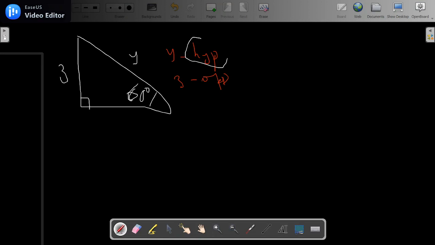So in which of our formulas do we have hypotenuse and opposite? Let's check it out. We have O and H. That's definitely so. Therefore we can use sine.